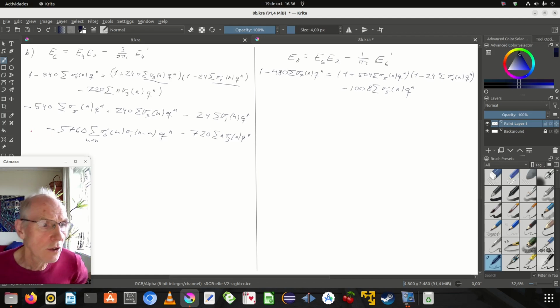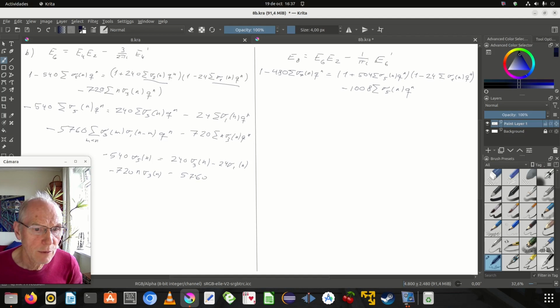So collecting the terms, minus 540 sigma 5 of n equals 240 sigma 3 of n minus 24 sigma 1 of n minus 720 n sigma 3 of n, they can be collected, minus 5,700. Why did I do that? We have to divide by 504. I don't know what that gives.